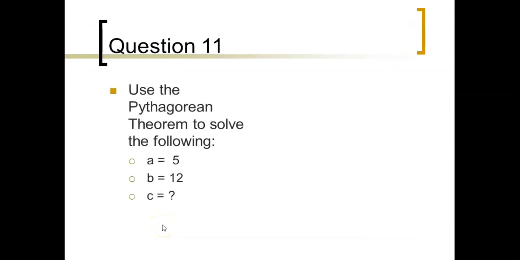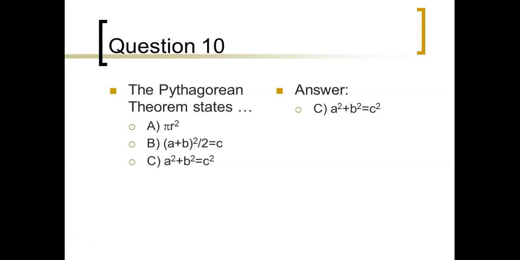Alright, question 11. Use the Pythagorean theorem to solve the following. If I have my A to be 5, my B to be 12, what is C? Remember the formula, A squared plus B squared, that we just saw previously, right? We are going to apply it to solve this particular question. A squared plus B squared equals C squared.